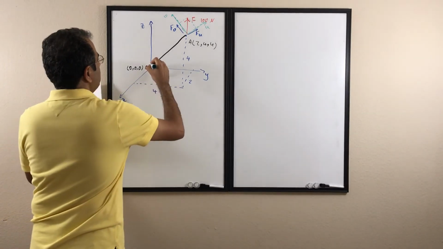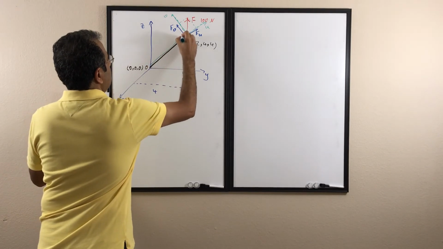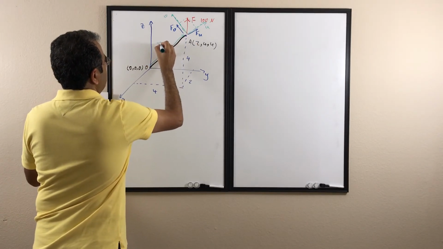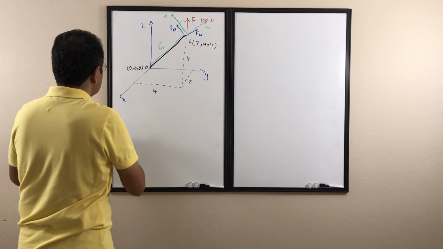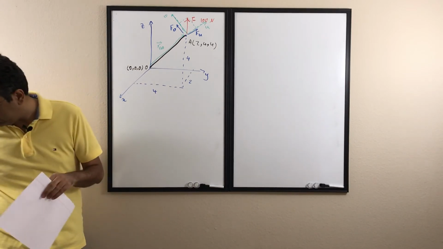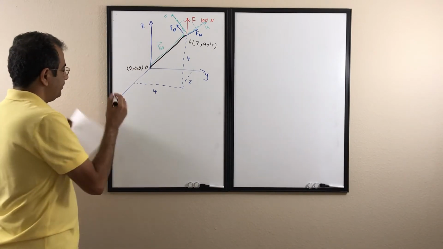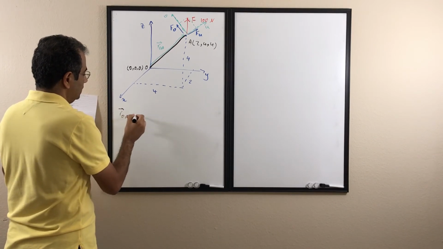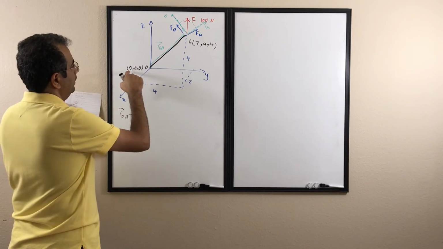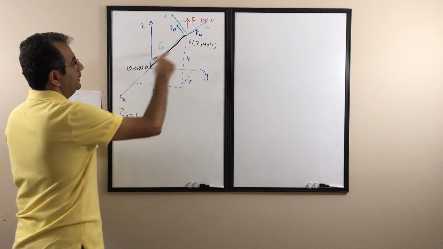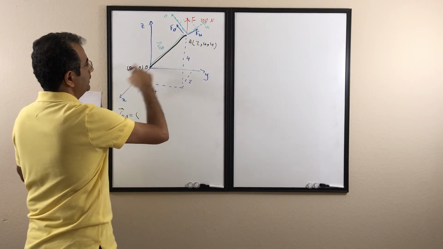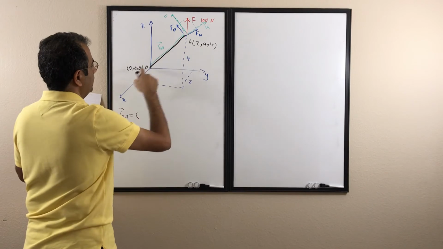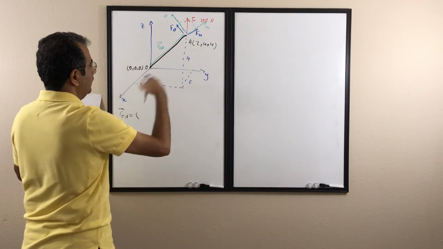The position vector here is r_OA. To find r_OA, it is just A minus O, component by component.